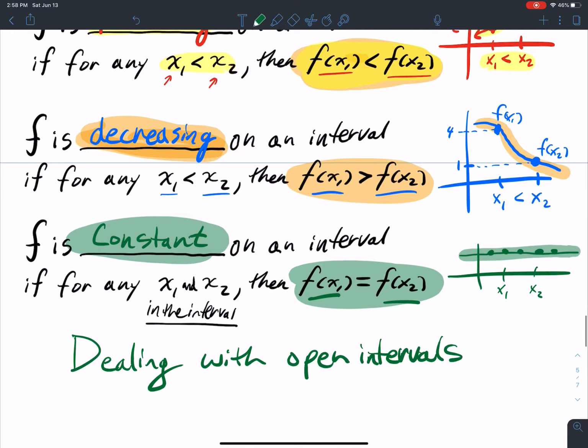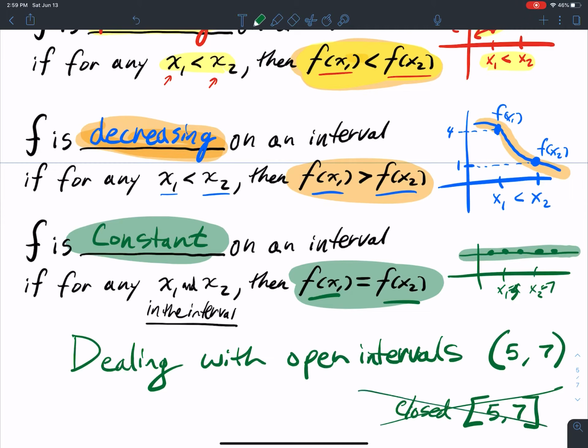Like an open interval from 5 to 7, so x values from x equals 5 to x equals 7. Not a closed interval, which would be with brackets, 5 to 7. That's not what we're dealing with.